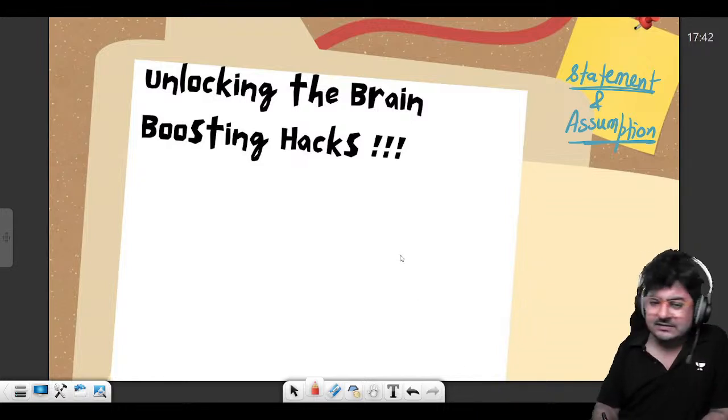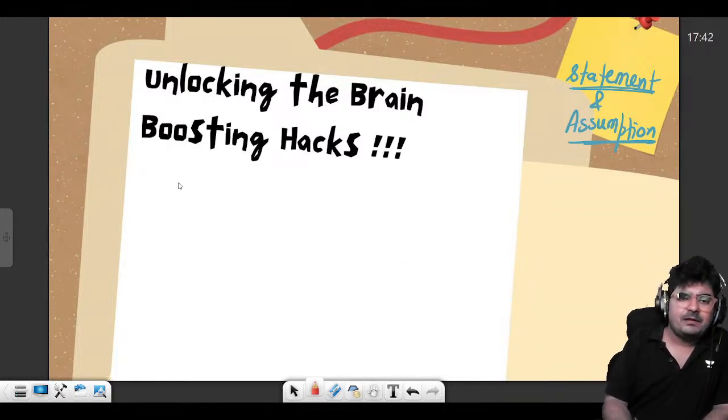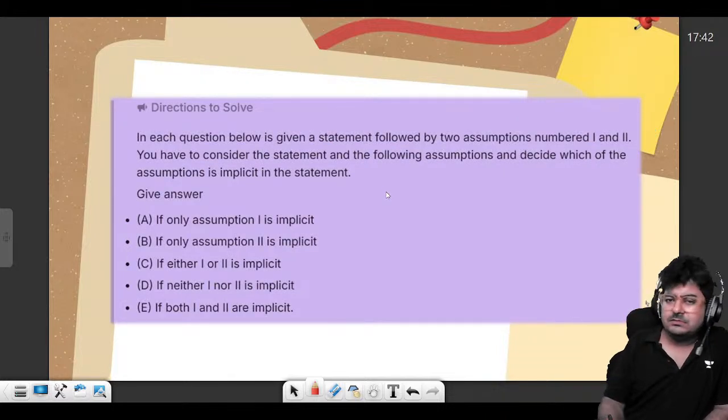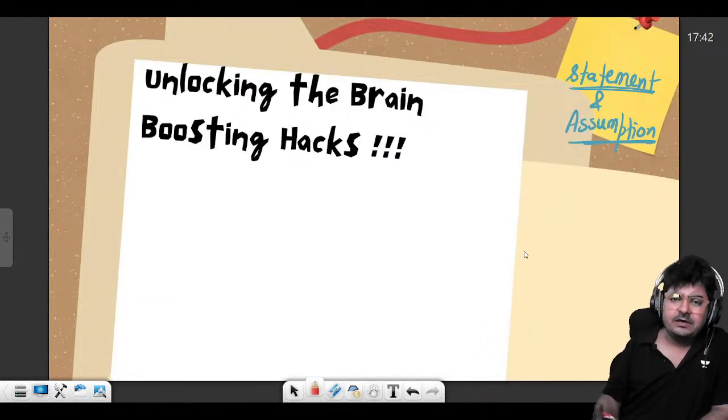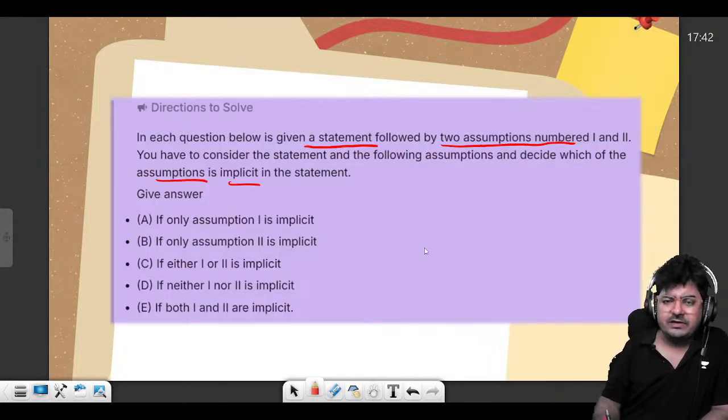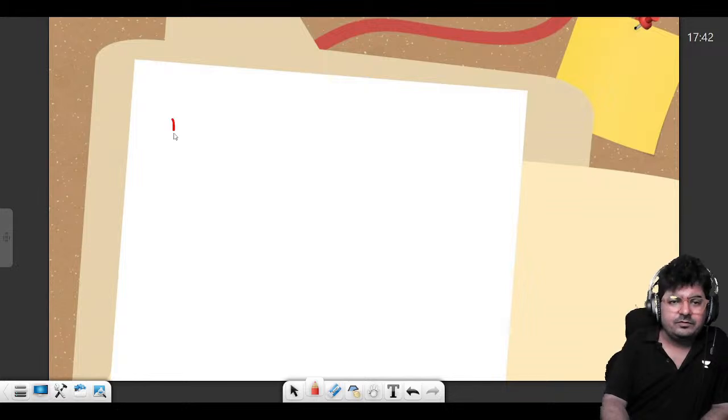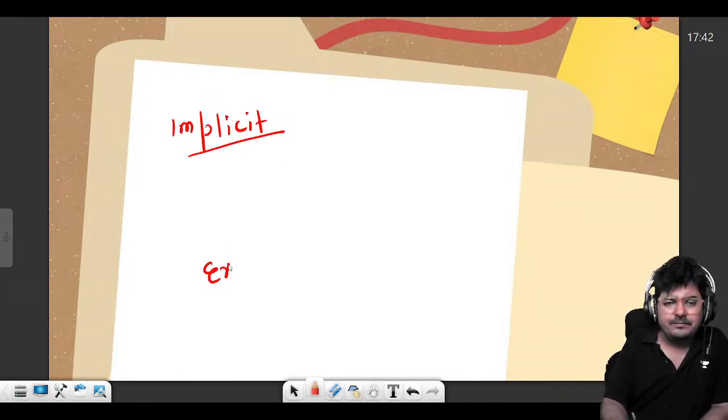Now, what happens in statement and assumption? They will give you a statement followed by two assumptions, one and two usually, and you have to find out whether the given assumptions are implicit or explicit. Before we move ahead, let me clarify: we can have two types of assumptions, implicit or explicit.